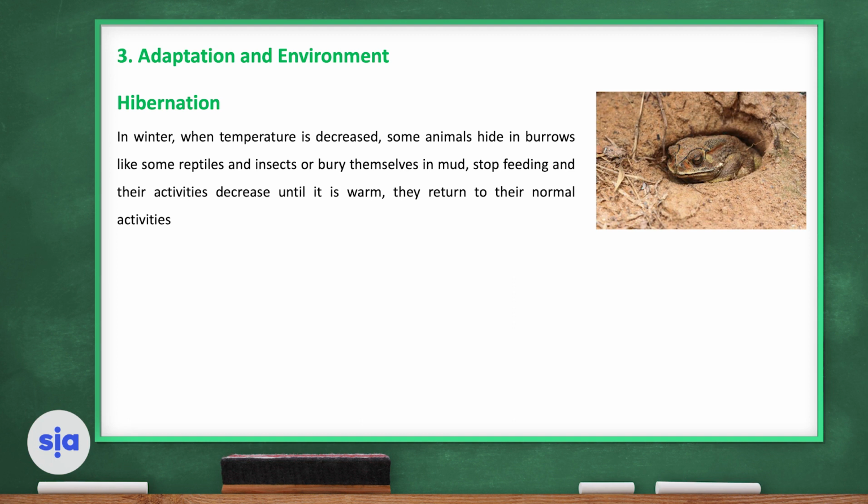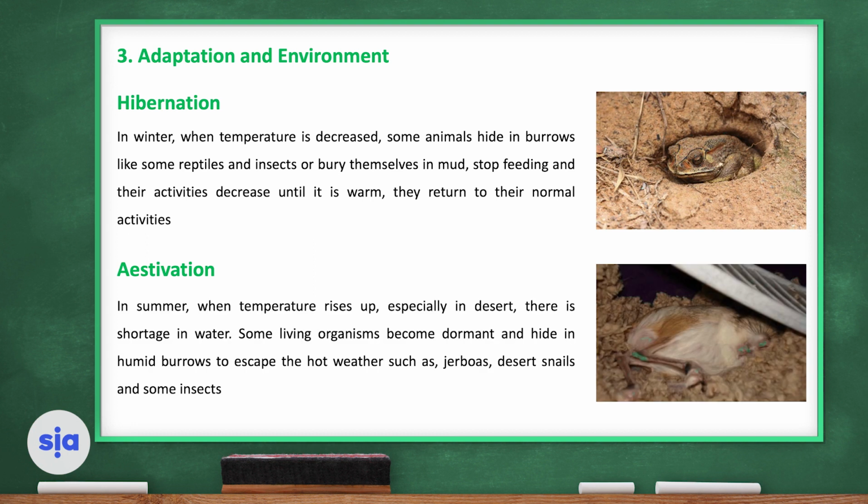This is called hibernation. Estivation. If the hibernation is in winter, estivation is in summer, when the temperature rises up, especially in deserts, and there is shortage of water. Some living organisms become dormant and hide to escape the hot weather, such as jerboas, desert snails, and some insects.